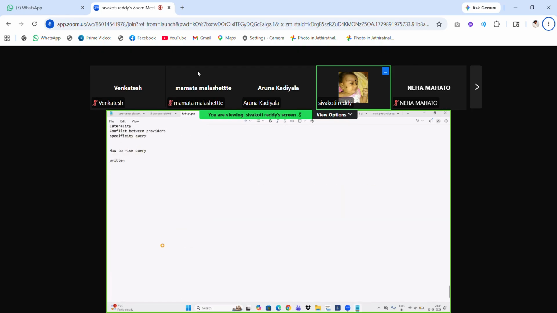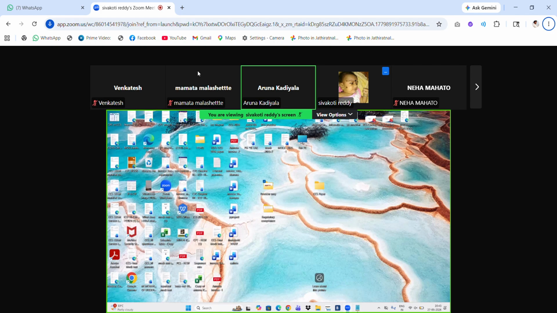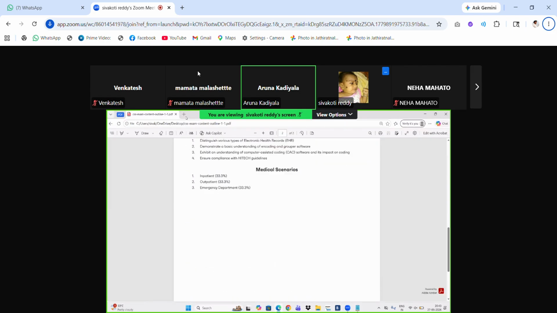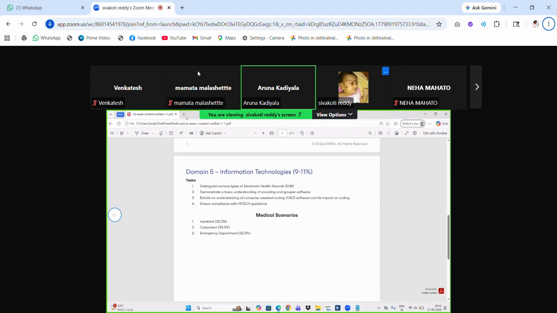First concept, note down: computer assisted coding, CAC. In domain 5 you have the concept of CAC software, computer assisted coding, and its impact on coding.